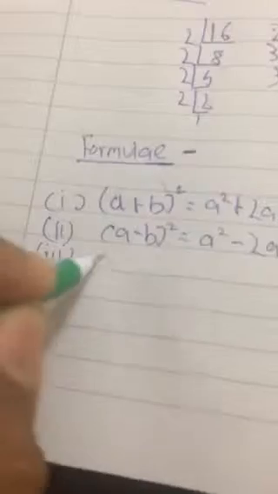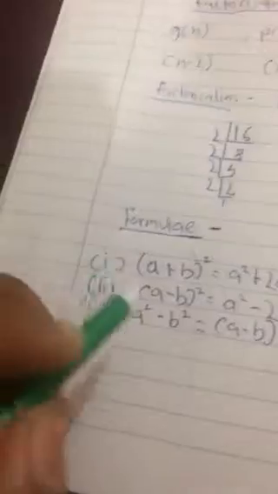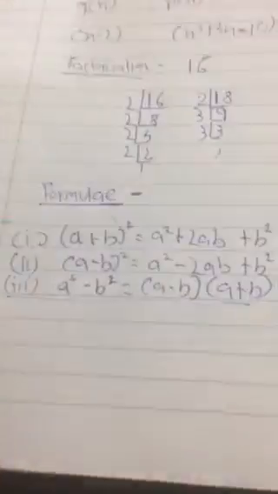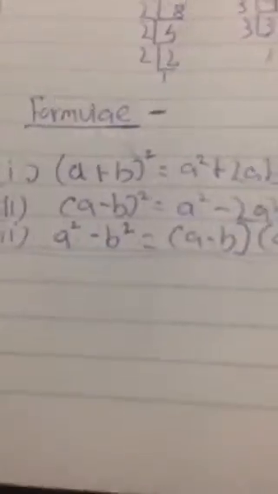Third is a square minus b square equals (a minus b)(a plus b). This a square minus b square is the most important identity, which we will be using in middle term factorization, about which I am going to say a bit later.